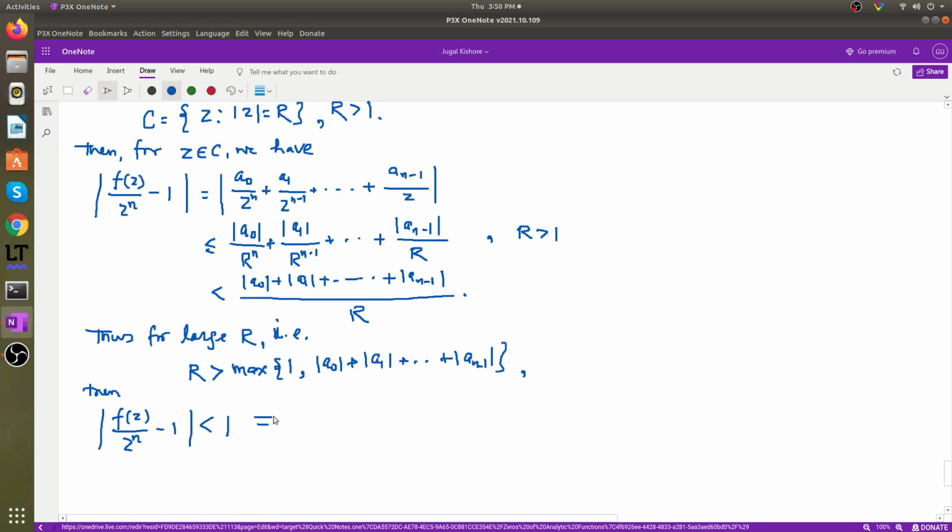By this, we get that the modulus of f(z) minus z^n is less than the modulus of z^n.